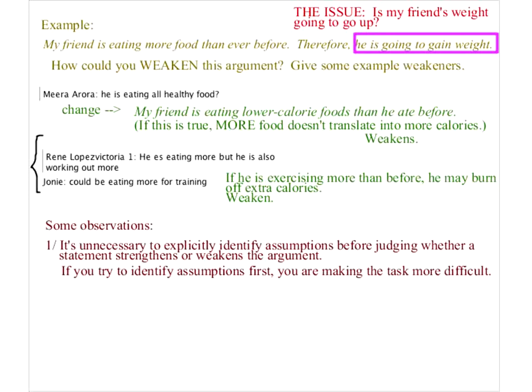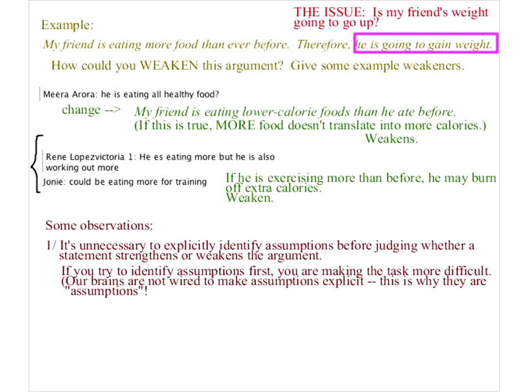Our brains are not wired to make assumptions explicit, because, after all, this is why they are assumptions in the first place. On the other hand, strengthening and weakening is something that comes perfectly naturally to human beings.